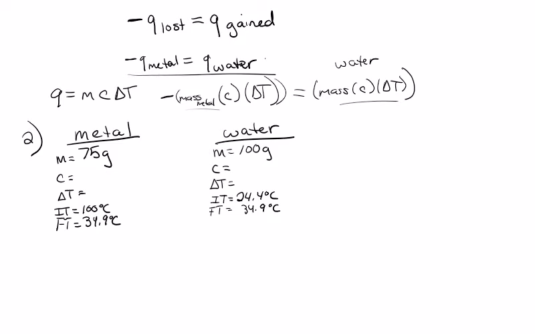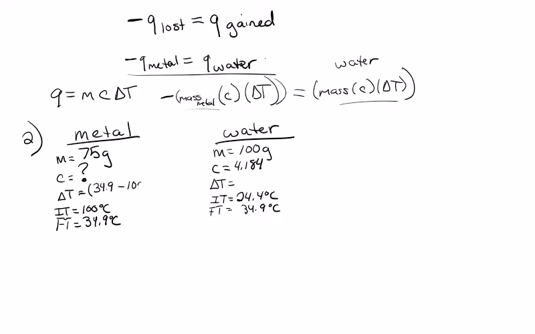Okay, and it says also that the specific heat of water is 4.184, and that's joules per gram degree Celsius. And it says, what is the specific heat of the metal? So in this problem, we will be calculating C. Okay, ΔT, remember, is final minus initial.